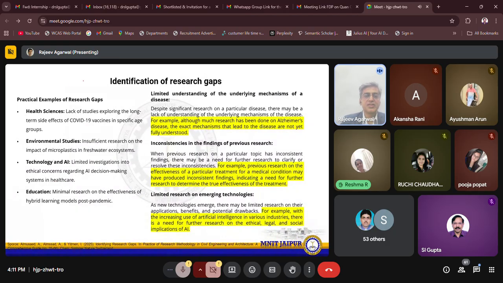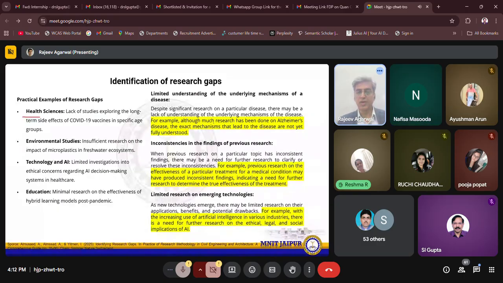I'm giving very specific examples to justify how you can conduct this. Health sciences: suppose you have a limited understanding, a lack of studies exploring long-term COVID-19. This is one question: limited understanding of the underlying mechanism of disease.